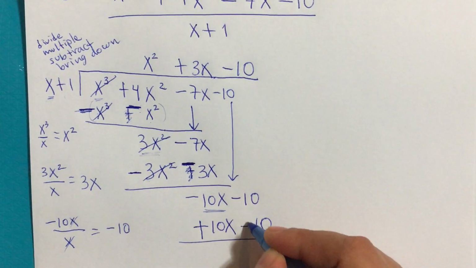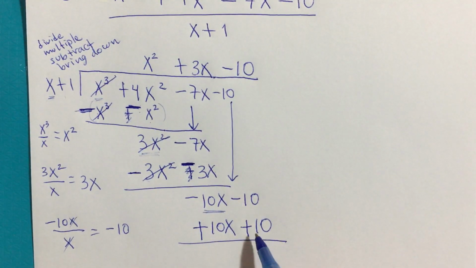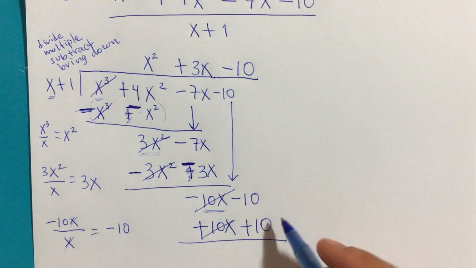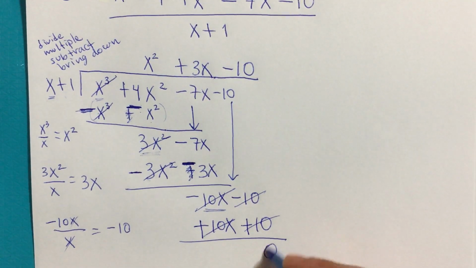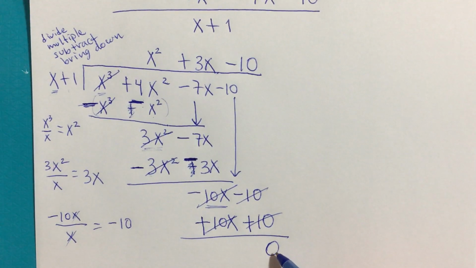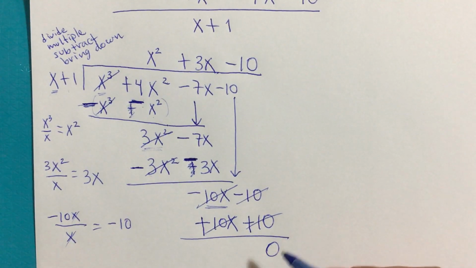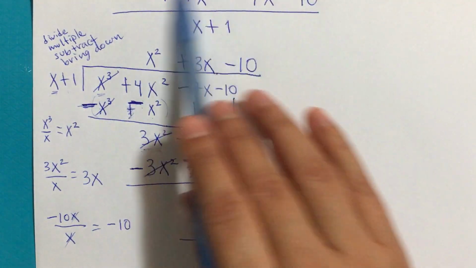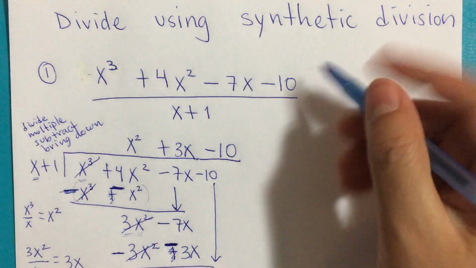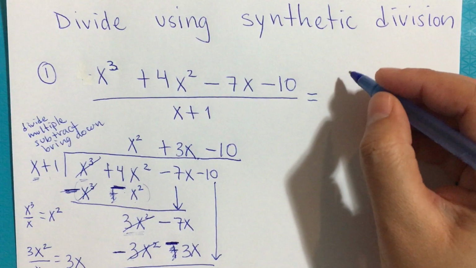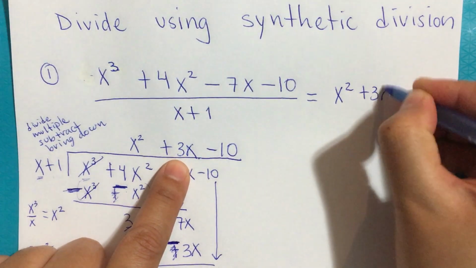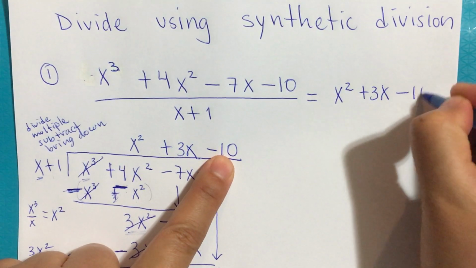It just changes the sign, from negative to positive. This cancels and now negative 10 and positive 10 cancel as well. So you end up with 0. Since this ends with 0, the remainder is 0. That means that these are two factors of this polynomial. Okay, so the answer will be x squared plus 3x minus 10.